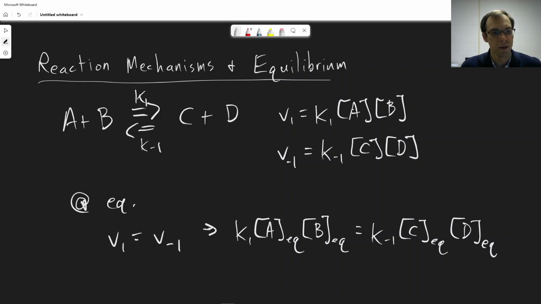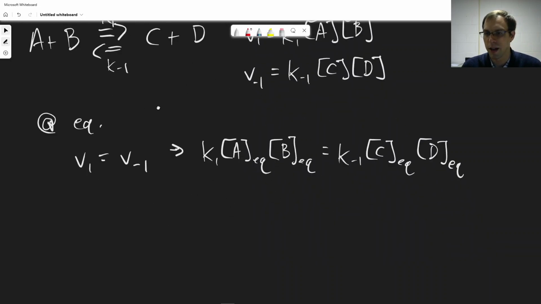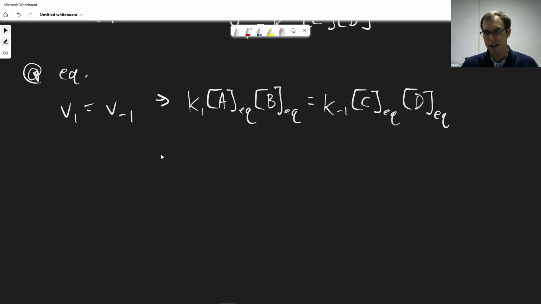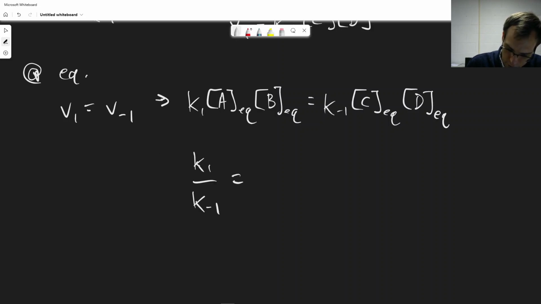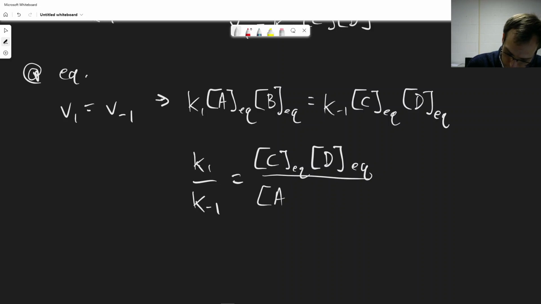Now we can rearrange this and put the K's on one side and the equilibrium concentrations on the other. And what we'll see is we get K1 over K minus 1 is equal to, let me make sure I get this right, C and D concentrations at equilibrium on top. So our products will be on the top, and our reactants will be on the bottom.